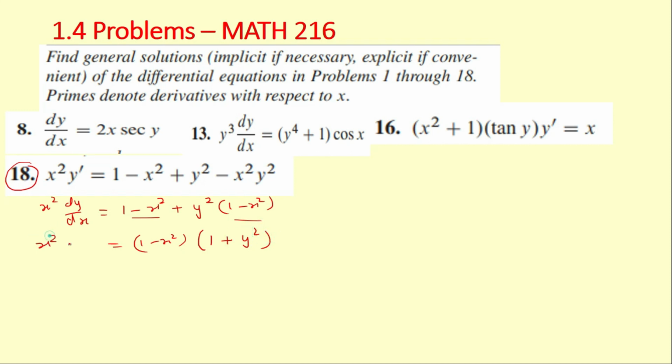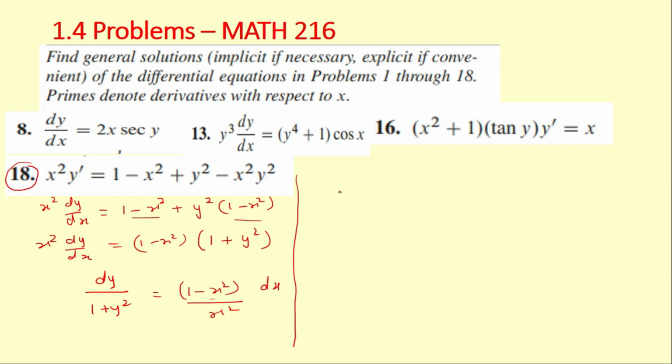So this is x square dy over dx, the left side. Now again separate x and y. This will be dy over 1 plus y square on the left side, 1 minus x square times dx divided by x square on the right side. That will lead to integration.